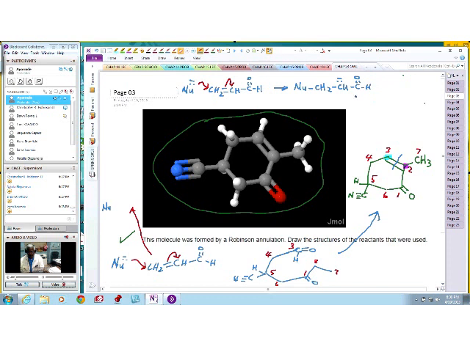Now at this point, we add hydrogen from the solvent. Let us assume here that we are using ethanol as the solvent. This enolate that you form here will come here and abstract the proton from the solvent.